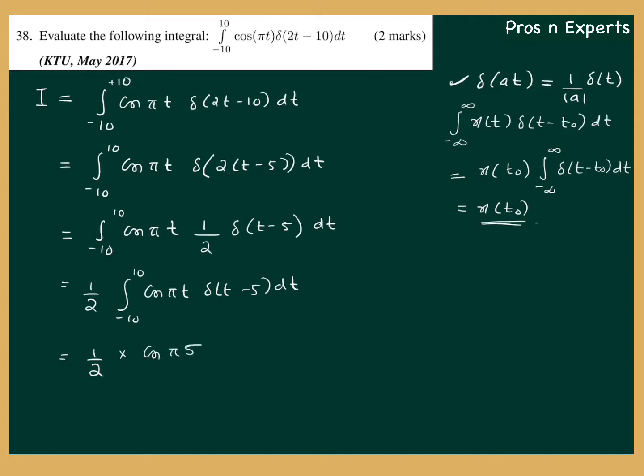Okay, x of t0 means the signal's amplitude at t equal to t0. So cos pi t is the signal here, and its amplitude at t equal to 5 is cos pi into 5. Okay, that's written here, cos pi into 5. And what is 1 by 2 cos 5 pi? Cos 5 pi is always minus 1, so this is minus 1 by 2. So the result of this integral is minus 1 by 2.